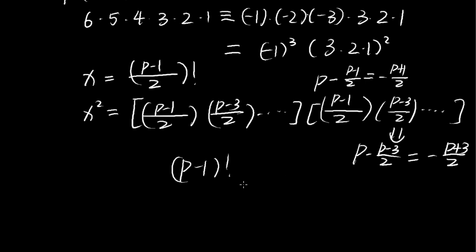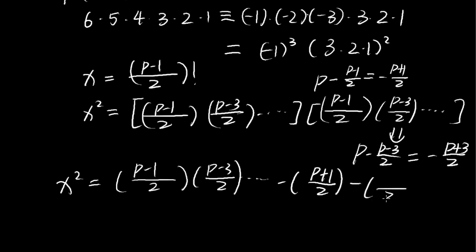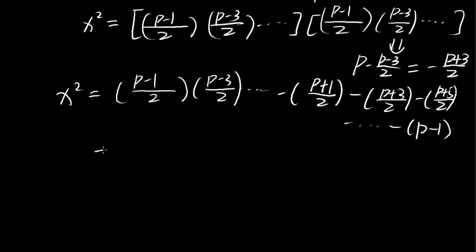We link the two together, and we can write it more clearly here. This is equal to negative (p plus 1) over 2, negative (p plus 3) over 2, and so on, down to negative (p minus 1). You can check it better yourself. It ends at 1.